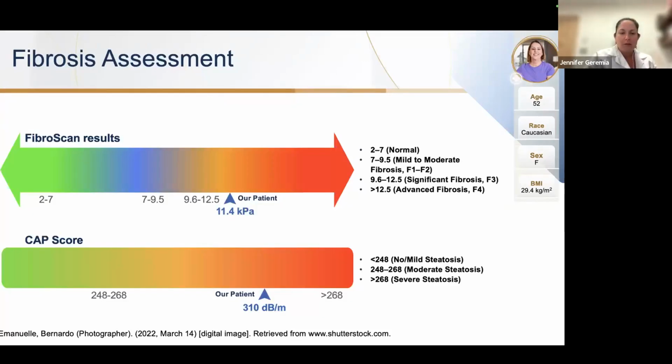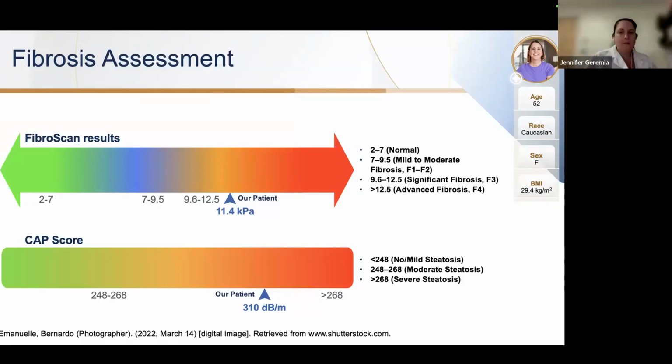If we look at where our patient falls, she's the blue arrow here on the spectrum of results. Assuming this patient comes to us with abnormal liver findings, she has steatosis, and I caution you on the 2 drinks a day. If you are able to offer her a FibroScan as part of a comprehensive liver workup, and you've ruled out all other types of liver disease, she falls at 11.4.